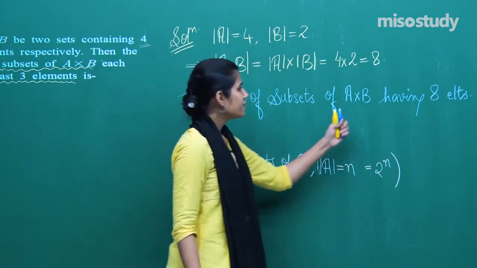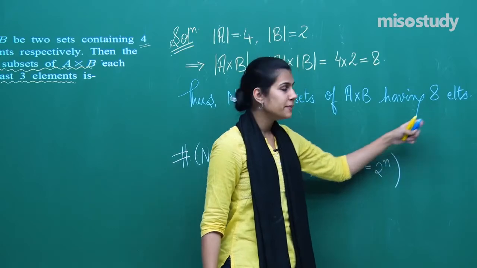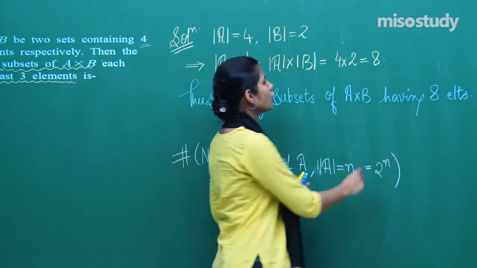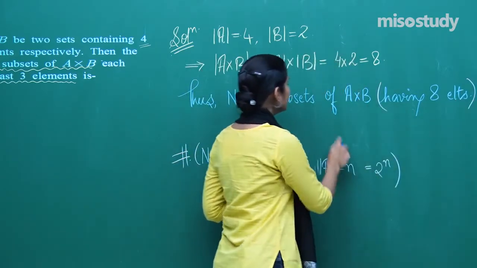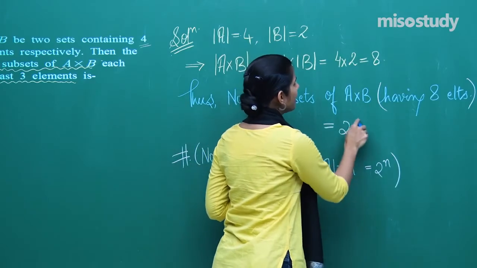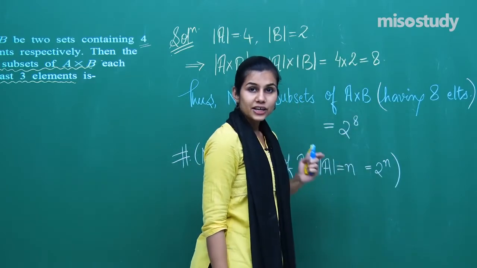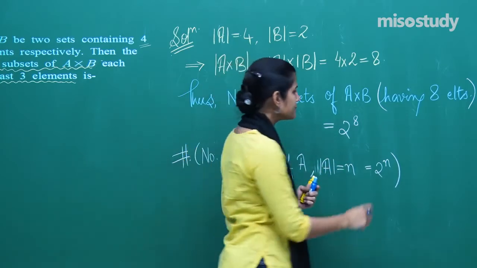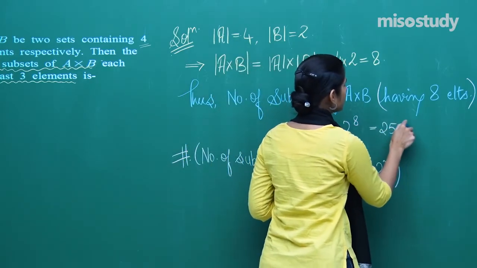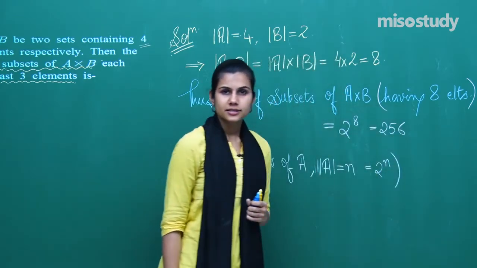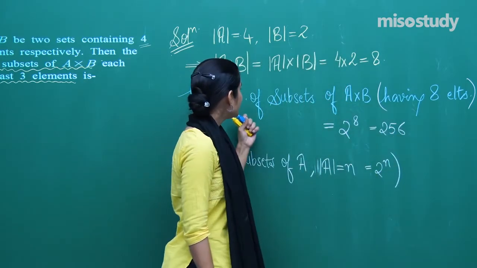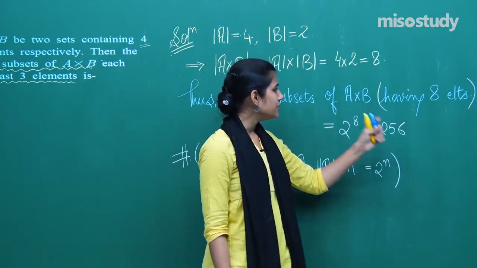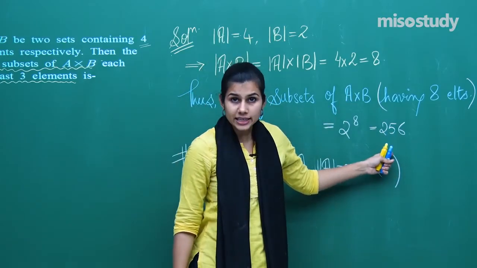And therefore, if A cross B has 8 elements, then number of subsets of A cross B will be 2 to the power 8. And 2 to the power 8 is nothing but 2 getting multiplied 8 times, which is 256. And that is why number of subsets of A cross B are 256 in number.